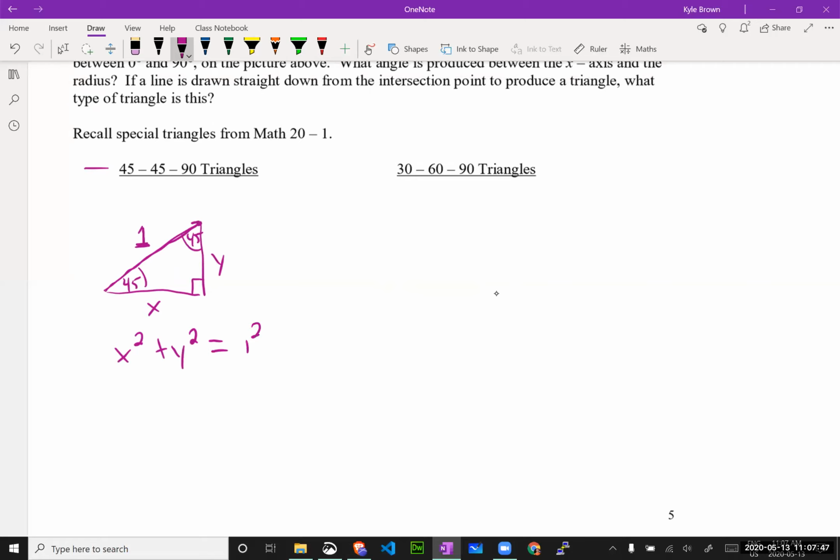But in a special 45, 45, 90 triangle, the length of Y has to be the same as the length of X, because it's a 45-degree angle. So I'll call this X squared plus, and then Y is the same as X, so another X squared, is equal to 1, because 1 squared is 1.